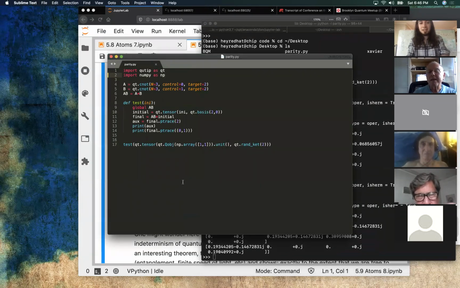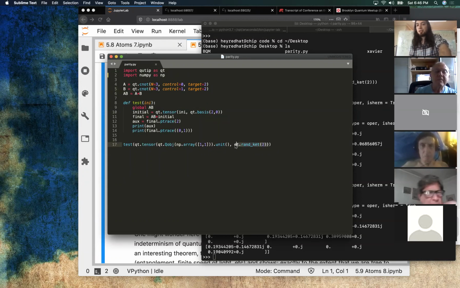I say that because here's a little piece of code I wrote. This does the parity gate. In other words, A and B are each CNOT gates, and that's how you build the parity gate. I start with an initial state, which as you say is a superposition between up and down, so that's 1, 1 here.